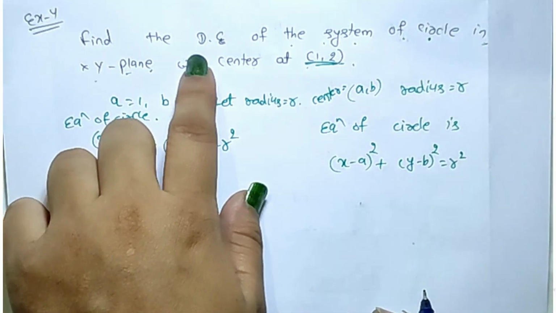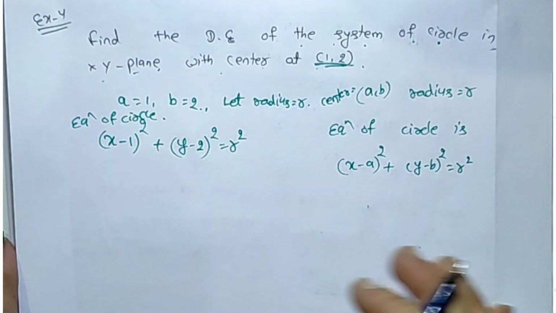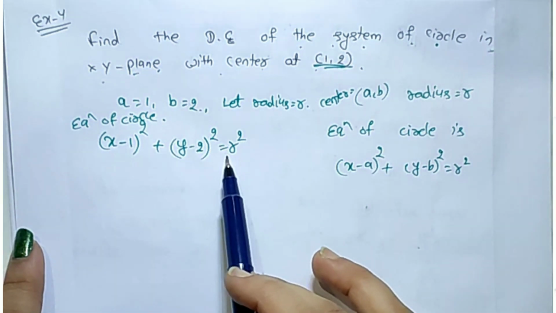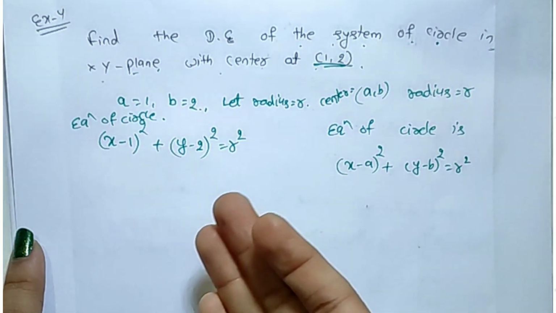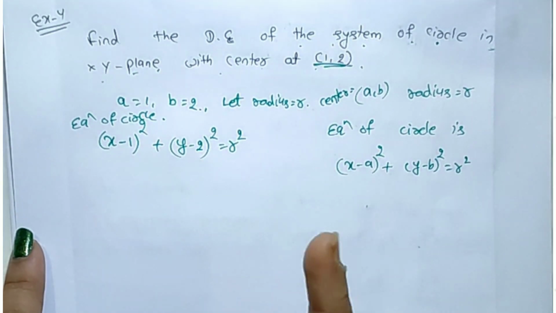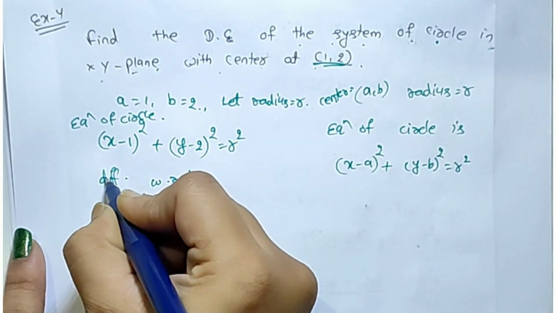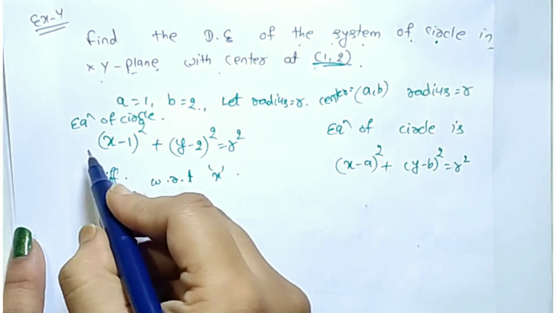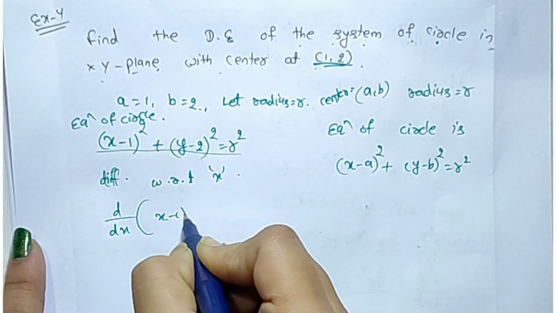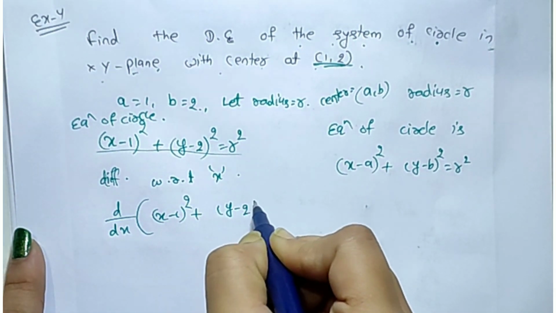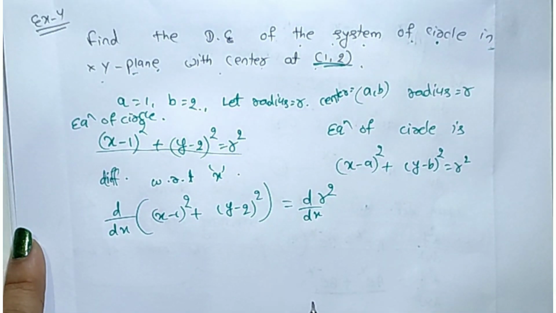We have to find the differential equation for this equation of the circle. Which is the arbitrary constant? r is the arbitrary constant. We have only one arbitrary constant, that means we can find a differential equation of order 1. Differentiating with respect to x, d by dx of (x minus 1) squared plus (y minus 2) squared is equal to d by dx of r squared.